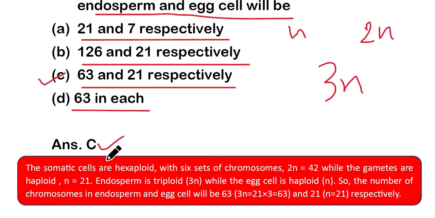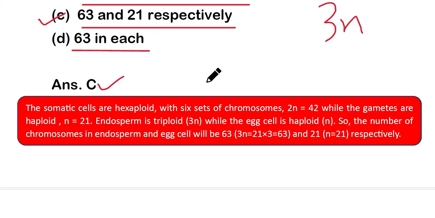Here the somatic cells are hexaploid with 6 sets of chromosomes, so 2n equals 42, while the gametes are haploid, n equals 21, and endosperm is triploid, 3n, while the egg cell is haploid n. So the number of chromosomes is 63 for endosperm and 21 for egg cell.